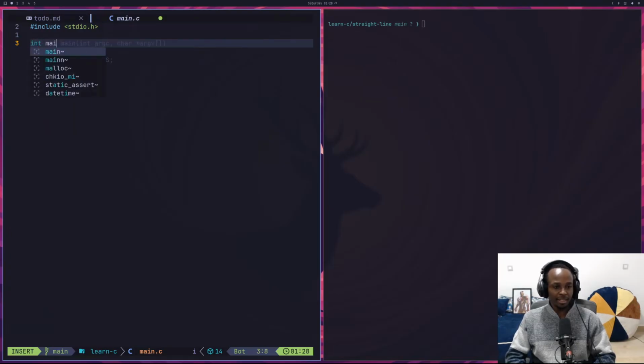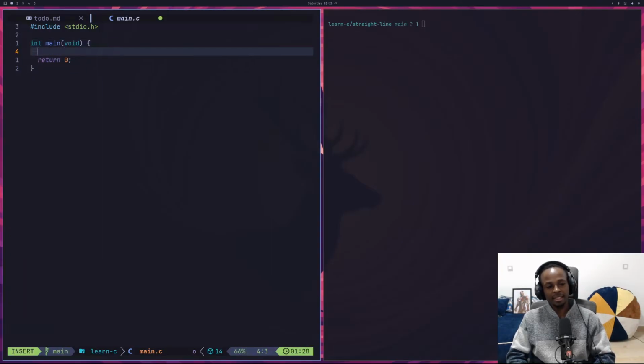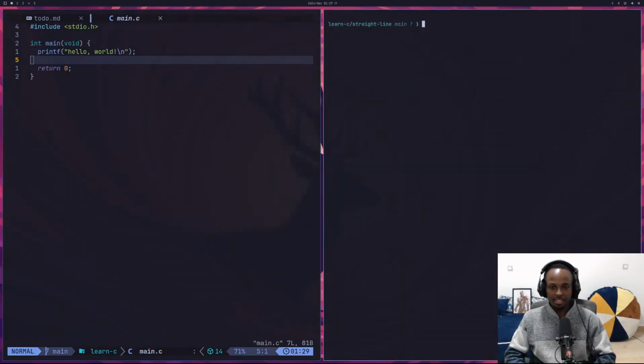So main is a function and it's going to return an integer. Currently it's not taking any arguments, so we'll just go with void. And at the end of the day, I want main to return 0. And then for a start, let's just print hello world. So printf hello world. Then let's try to run this.